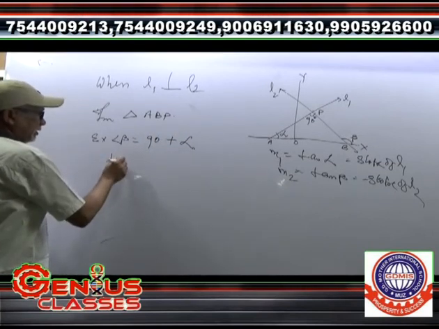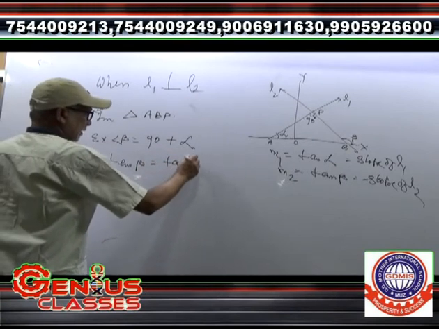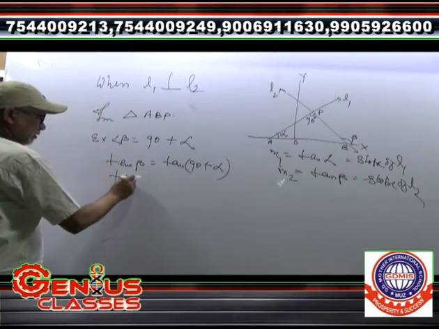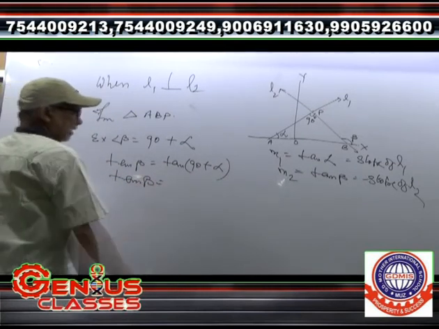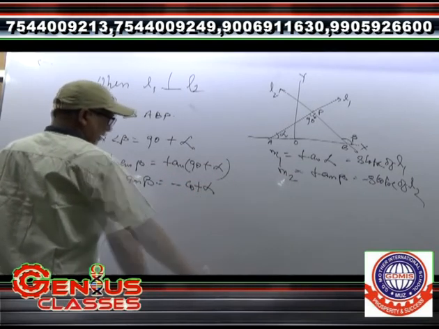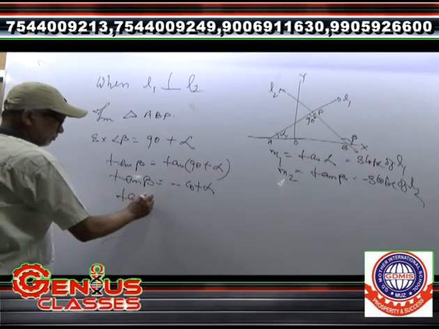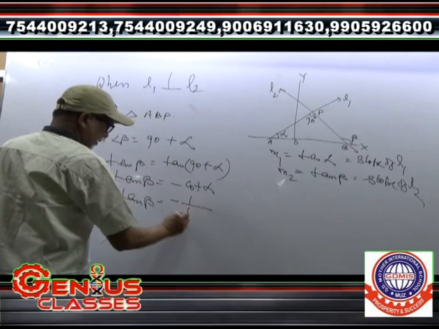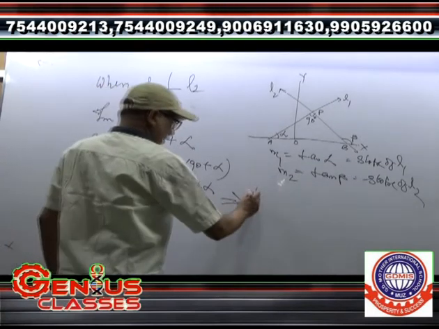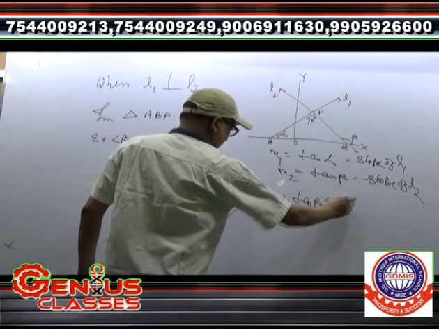Therefore, tan beta is equal to tan of 90 plus alpha, which is equal to minus cot alpha. Second quadrant में tan negative. And this can be tan beta is equal to minus 1 by tan alpha. And this implies that tan alpha into tan beta is equal to minus 1.